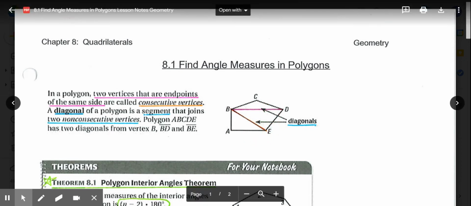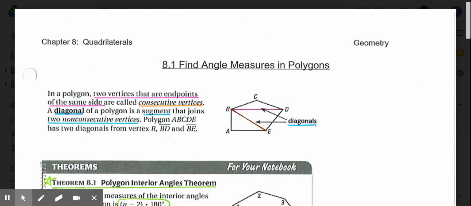In a polygon, two vertices that are the endpoints of the same side are called consecutive vertices. For example, B and C are consecutive, as well as A and B and C and D, because B and C are the endpoints of side BC, A and B are the vertices of side AB, and C and D are the vertices of side CD.